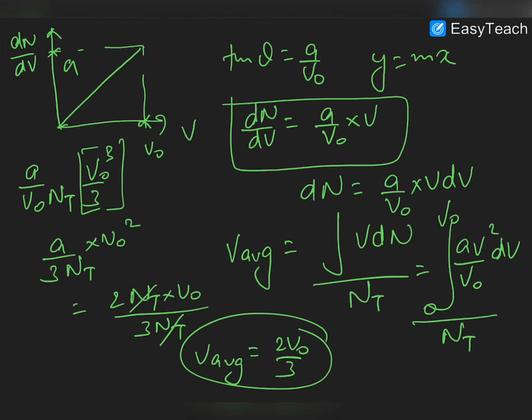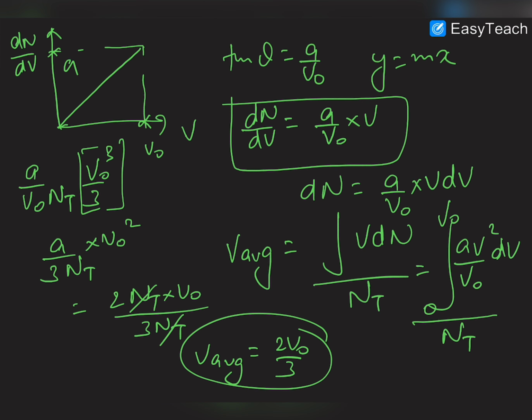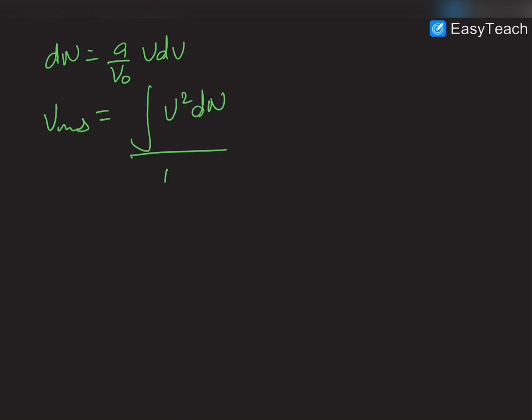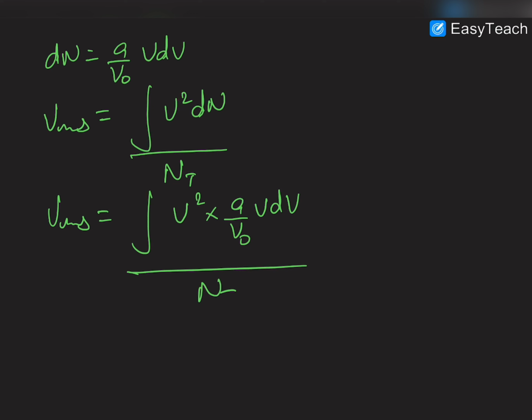Now let us find out the value of RMS velocity. So we already know that dn is equal to A by V0 into V dv, and V RMS will be the integration of V square dn upon N total, and again V RMS can be written as integration of V square into A by V0 into V dv divided by N total.